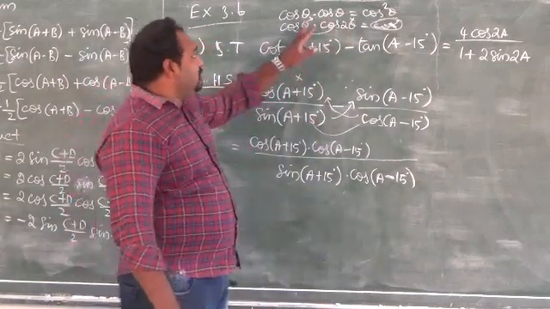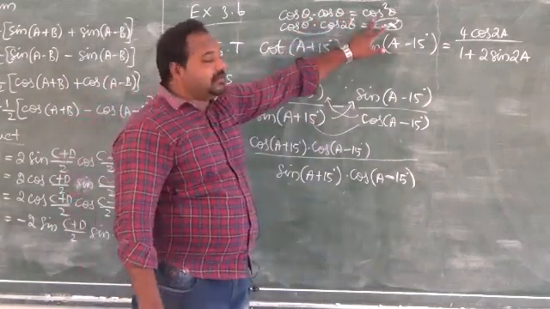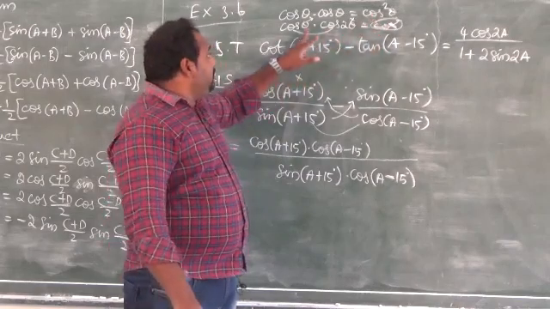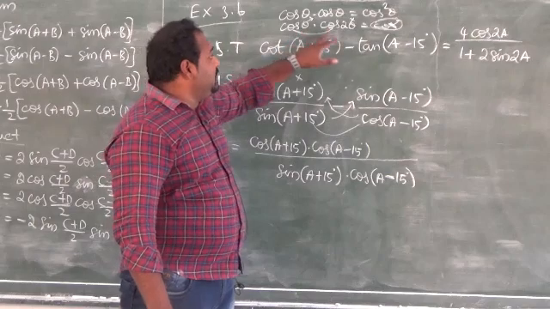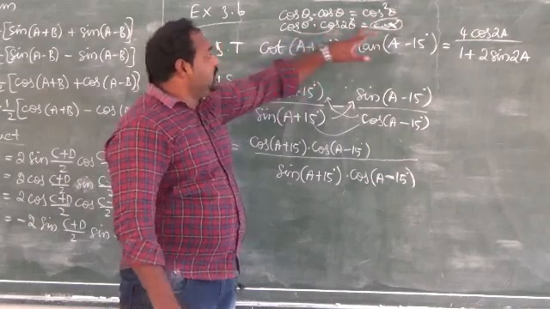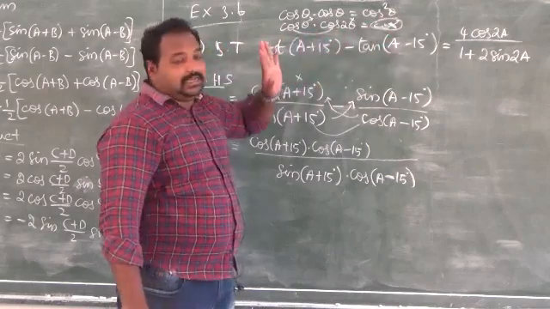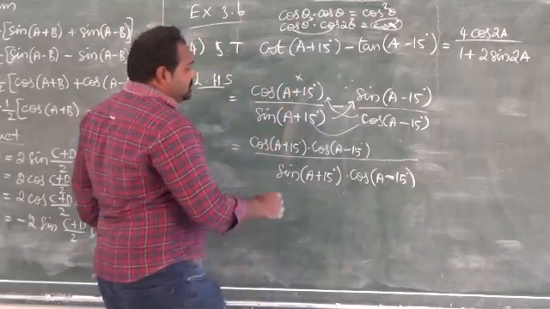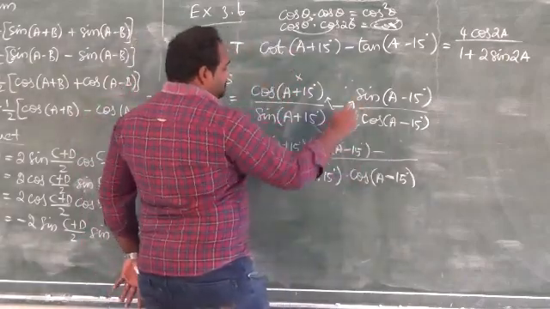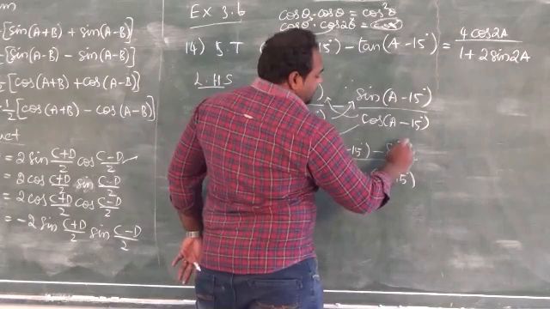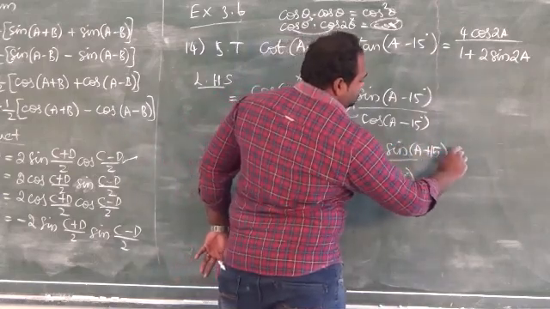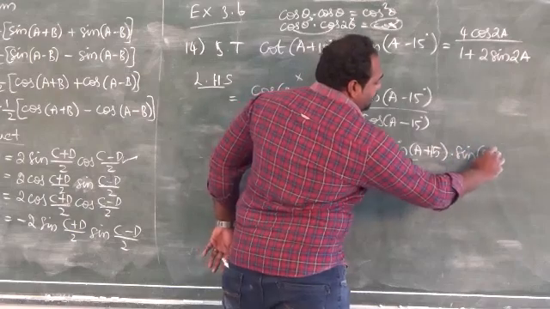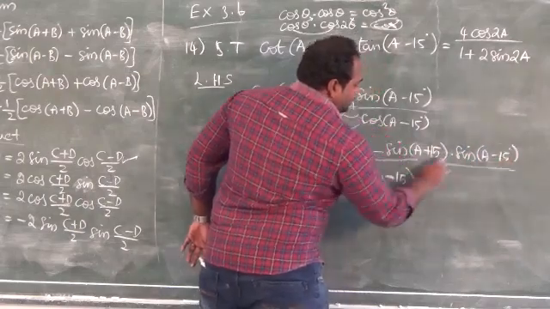Only when you have the same angle can we have a square. When you have different angles, it will not be squared, just leave it like that. Okay, so minus, here cross multiplication, sin of a plus 15 into sin of a minus 15.